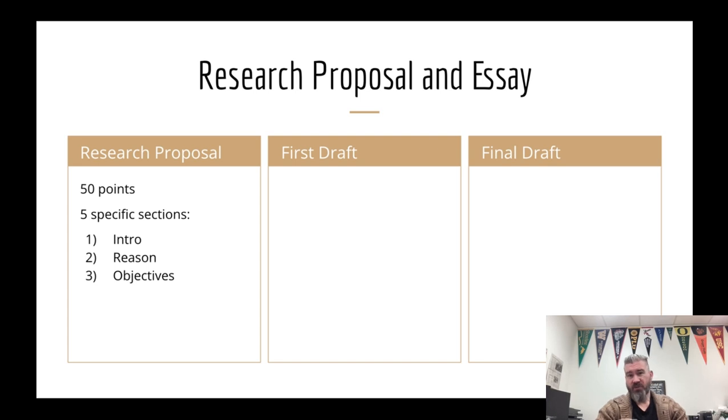The objectives part is what you're trying to accomplish with this specific paper. And then the literature review, which is going to bring together your annotated bib. Your annotations focus on each individual source, whereas the literature review synthesizes the big ideas, the big threads, the major discussions that are happening.